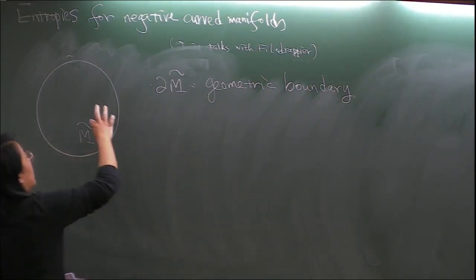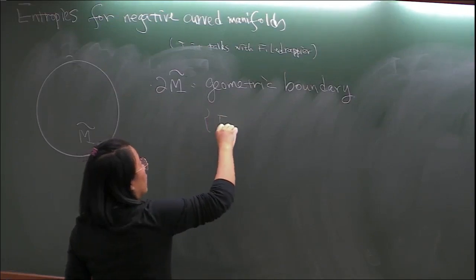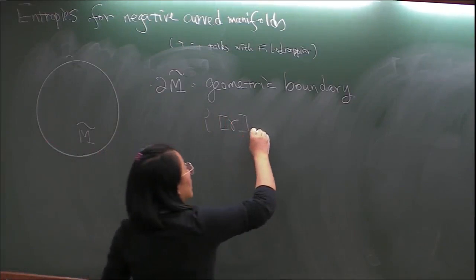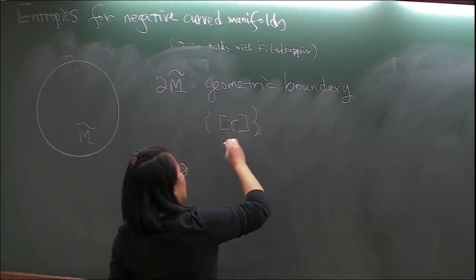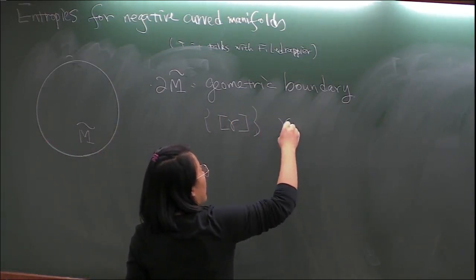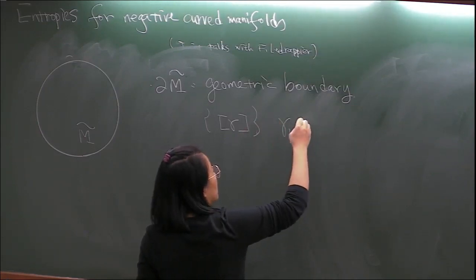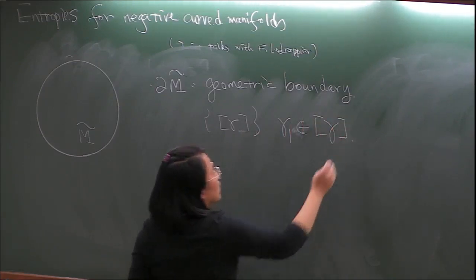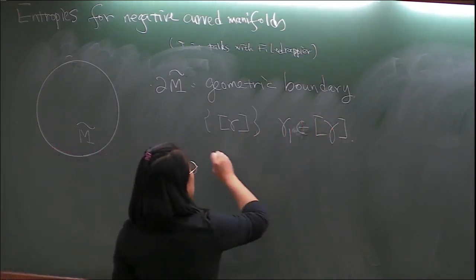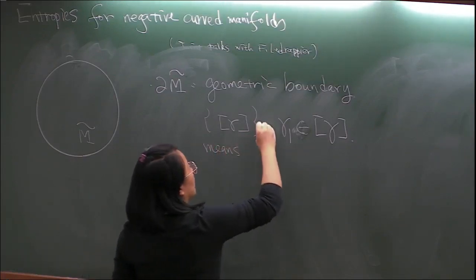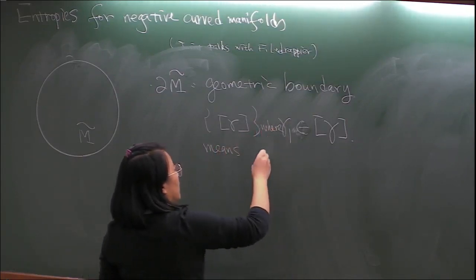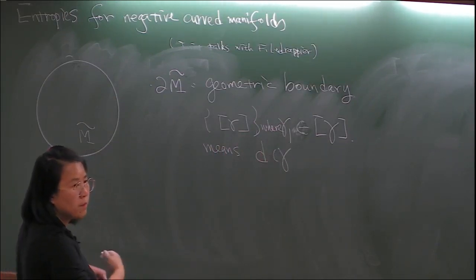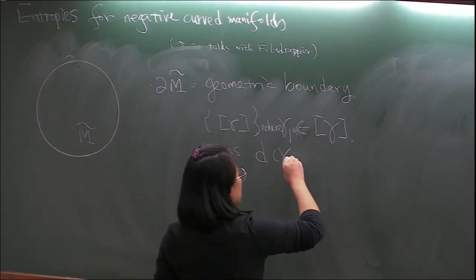And this is the collection of equivalence classes of geodesics. By equivalent, we mean if you have another half geodesic which belongs to this class, it means the two geodesics remain at bounded distance.